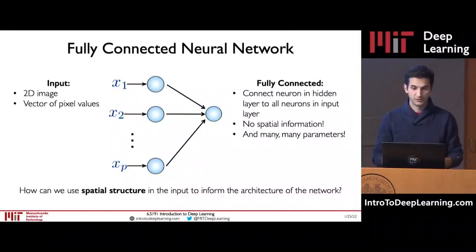So the question I want to pose, and that's going to motivate the computer vision architecture that we'll talk about in today's class, is how can we preserve the spatial structure that's present in images to detect features and inform the decision of how we construct this architecture to do that form of feature extraction?